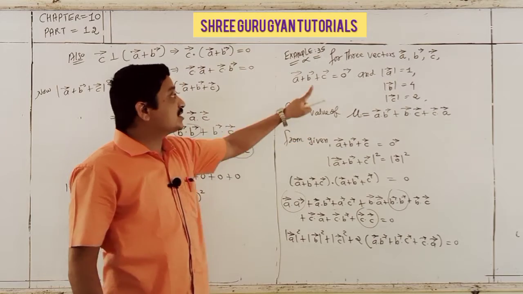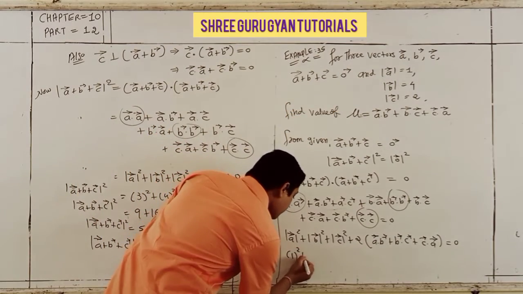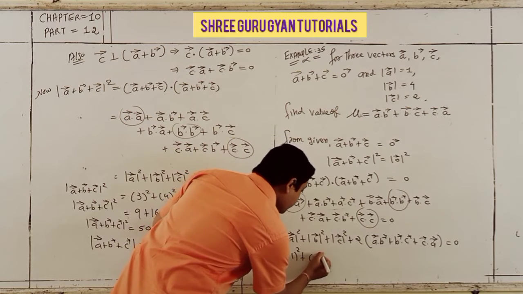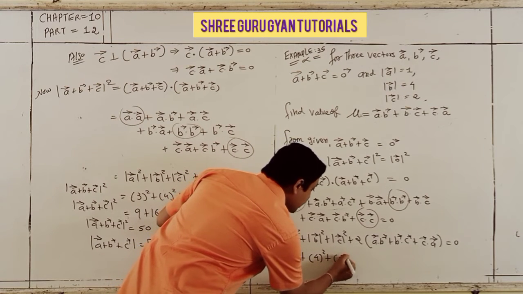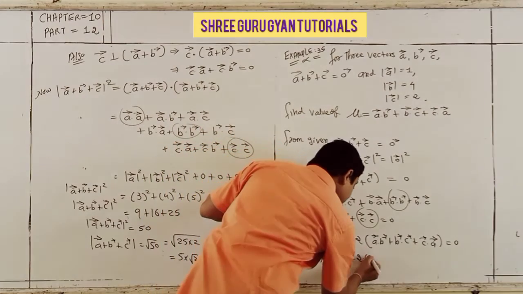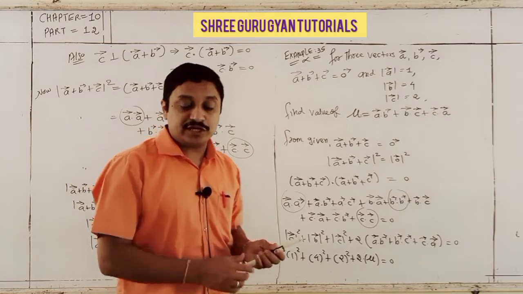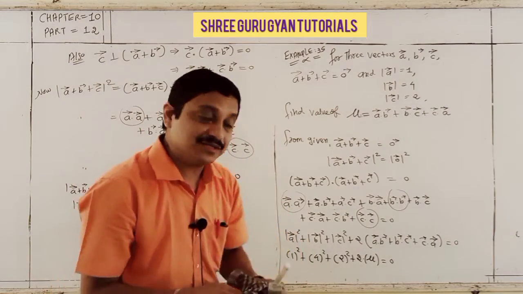Now put in the values: A modulus 1 square, B 4 square, C 2 square plus 2 times the total given, which is mu, equal to 0.